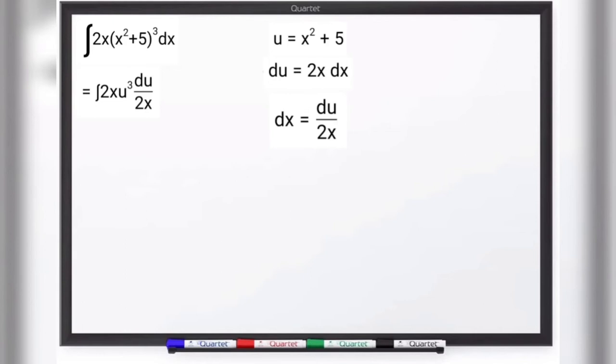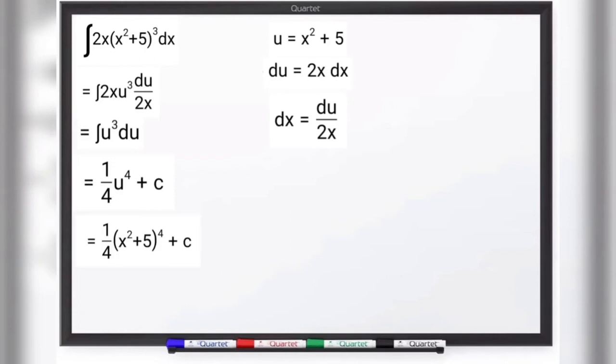Here, we can cancel 2x, and what we have left is u to the power of 3 du. The antiderivative of u to the power of 3 du is 1 over 4 u to the power of 4 plus c. The last thing we need to do is replace u with x squared plus 5, and the final answer will be 1 over 4 times (x squared plus 5) to the power of 4 plus c.